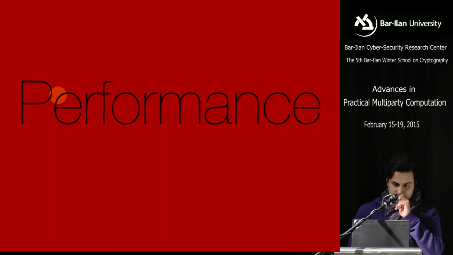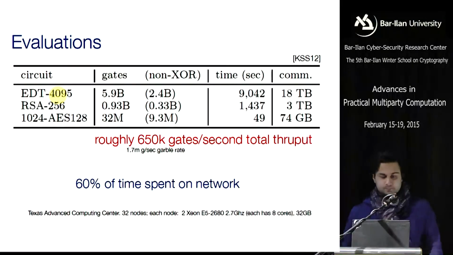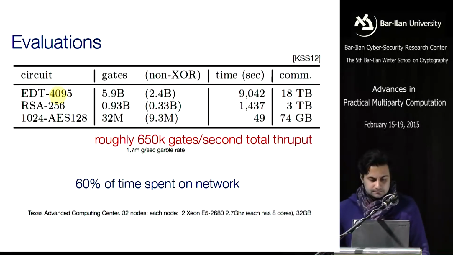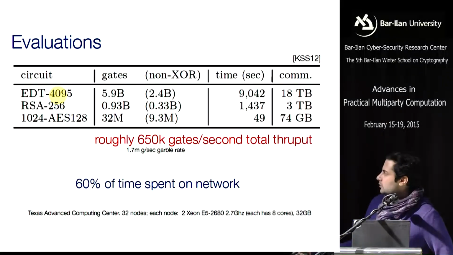Okay, so very good. I want to talk about the performance of all of these particular protocols, and in particular some ideas of where we can go with this. Okay, so from like 2012 or 2013, one of our best implementations could handle very large circuits for reasonable types of problems.